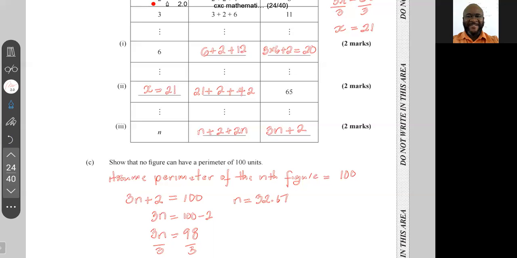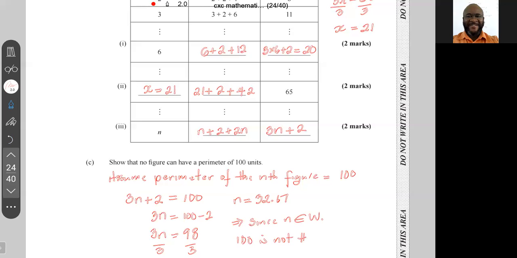If it's not a whole number, so therefore, since n is not an element, let's use mathematics notation. Since n is not an element of the set of whole numbers, 100 is not the perimeter.